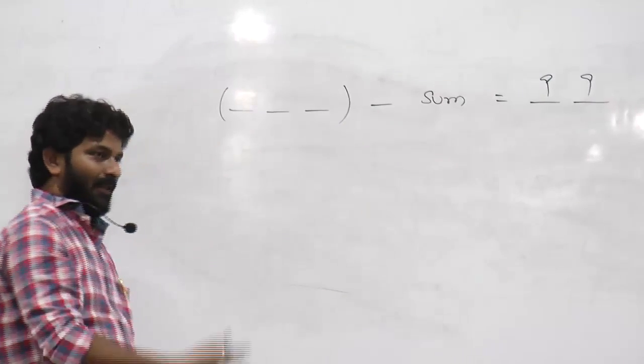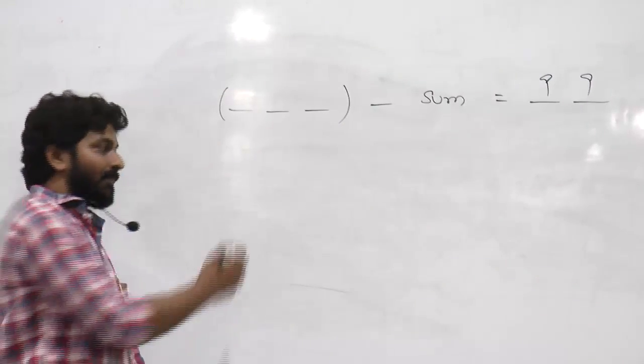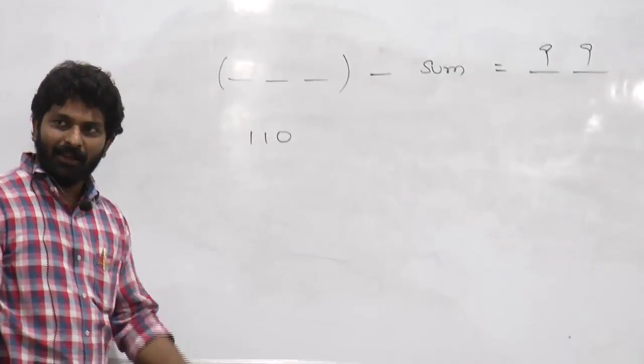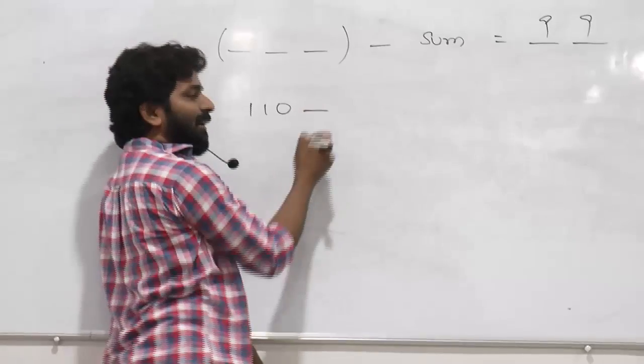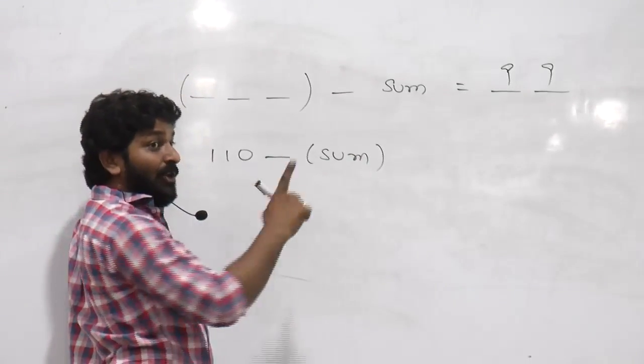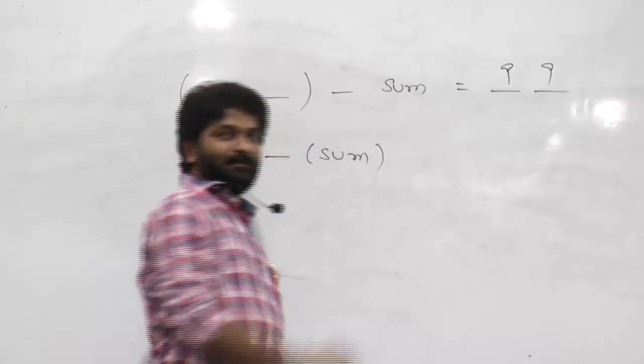After 109, you take any number, and from that number, if you subtract the sum of its digits, you will never get a 2-digit number.